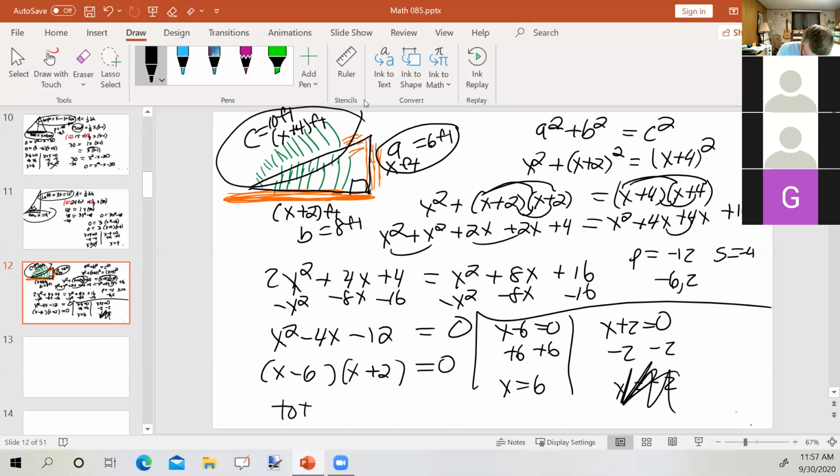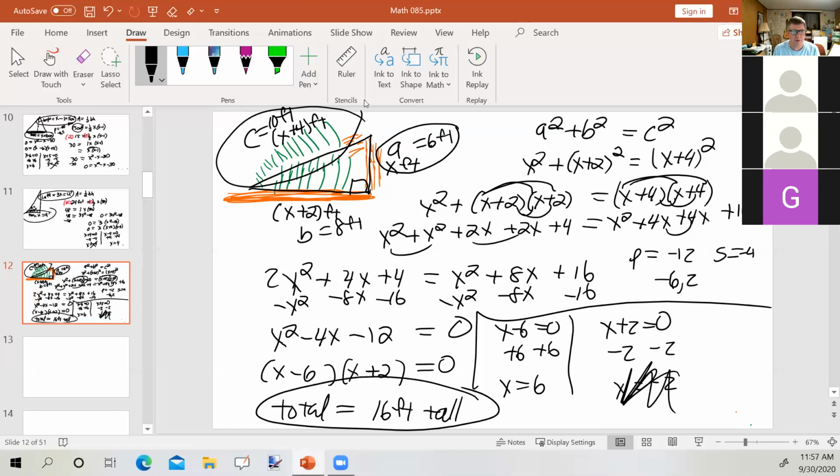So the total is 16 feet tall. All right, so the tree was 16 feet tall before 10 feet of it broke off. Any questions? Okie doke. We'll go on to another problem.